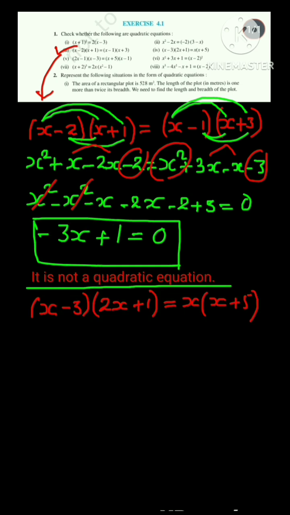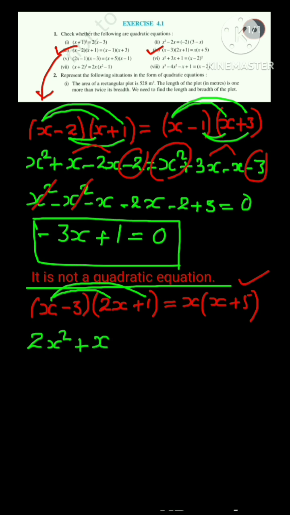Okay, now question number 4, which I have already copied here. Okay, let's solve. Here also in LHS we are just going to multiply these two expressions. So firstly x into 2x is 2x square, plus into plus is plus, and x into 1x.